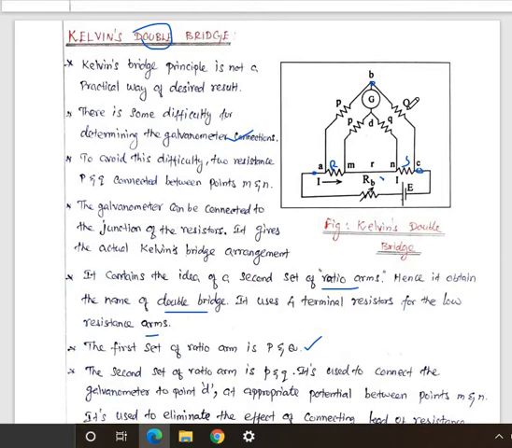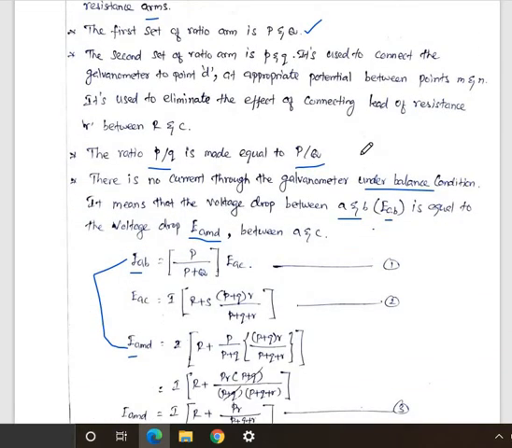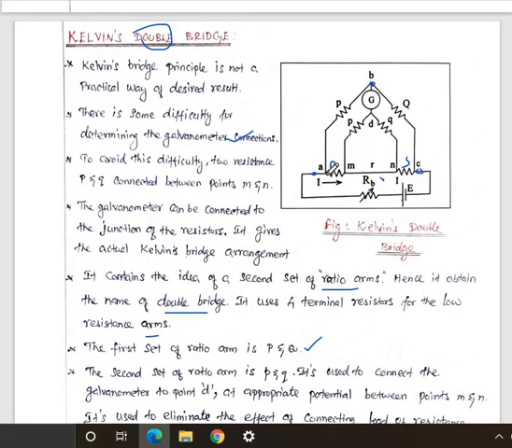You already studied in circuit theory that the impedance should be calculated in a series circuit. So the total impedance is P divided by P plus Q into EAC. EAC is nothing but the voltage drop across that point, between A and C.